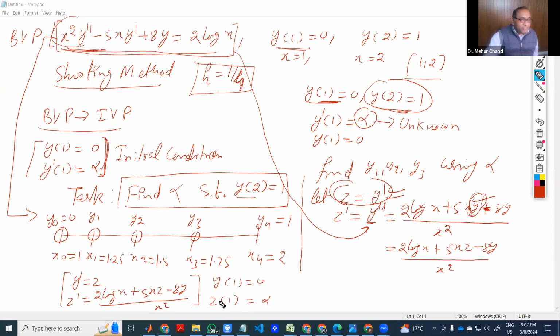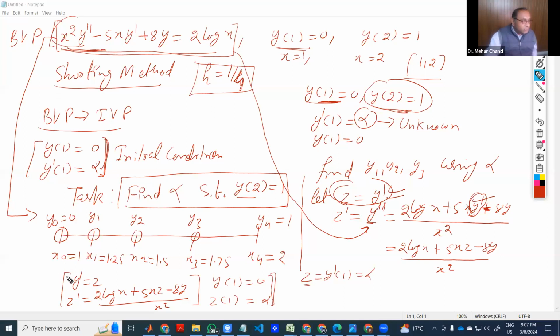What is z? z is equal to y dash, so y dash 1 is equal to alpha. That's why we have z1 is equal to alpha. So now these are two equations, both first order, and along with them we have the initial conditions.